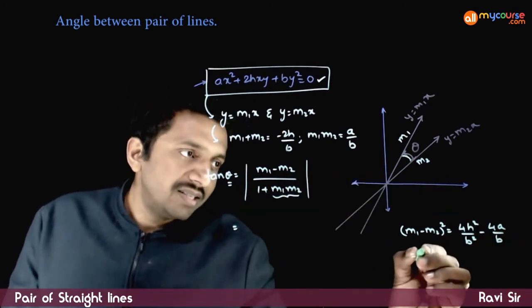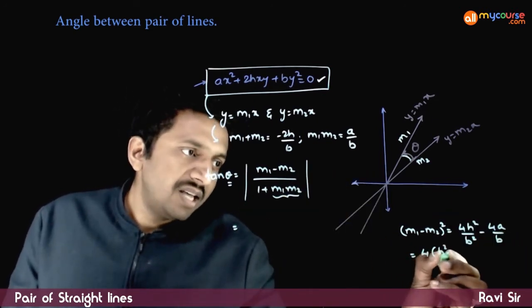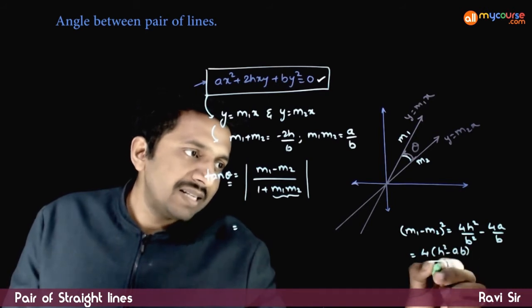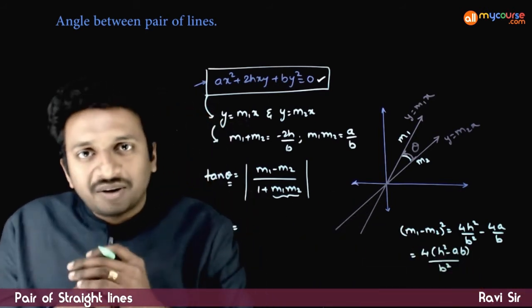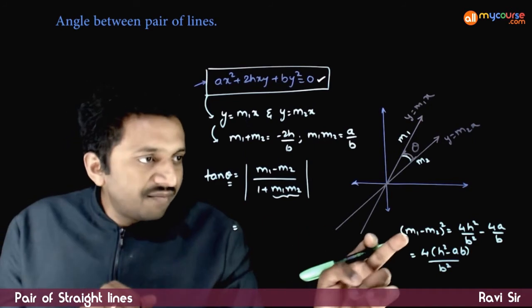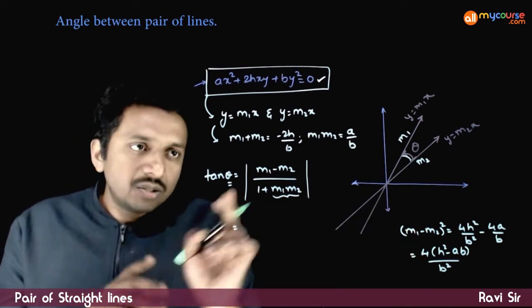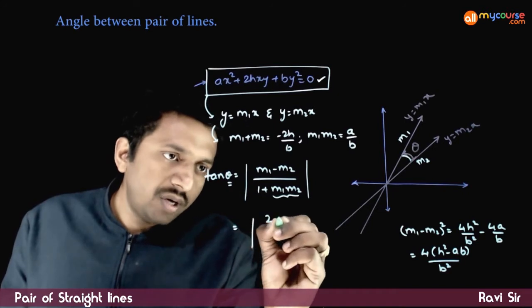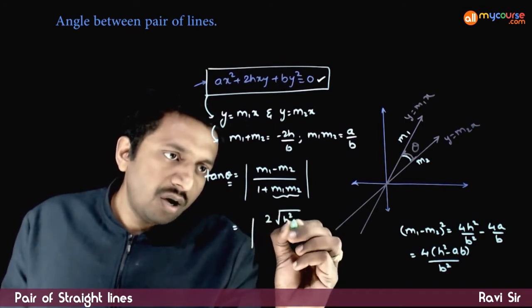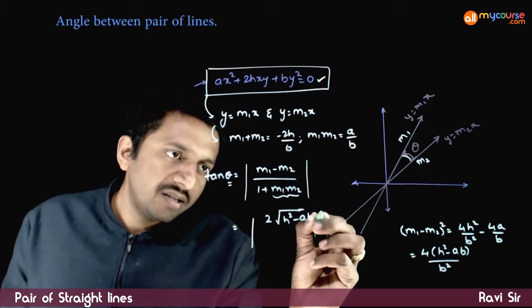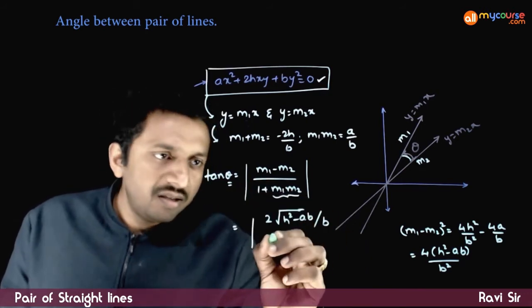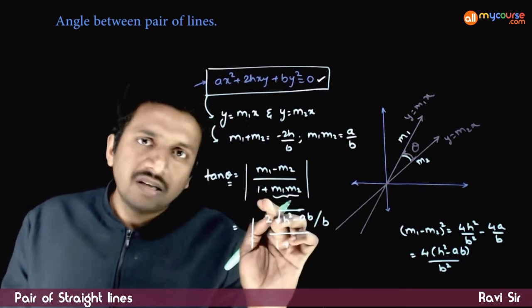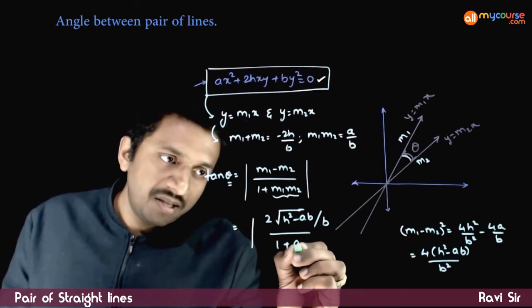That is equal to 4 times (h square minus ab) by b square. So this is (m1 minus m2) whole square. So what is mod of m1 minus m2? It is mod of 2 times root of h square minus ab divided by b. And 1 plus m1 m2 is 1 plus a by b.